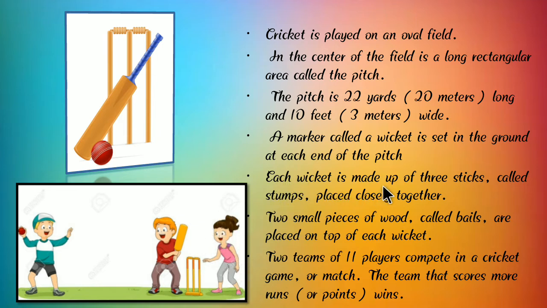Each wicket is made up of 3 sticks called stumps, placed closely together.